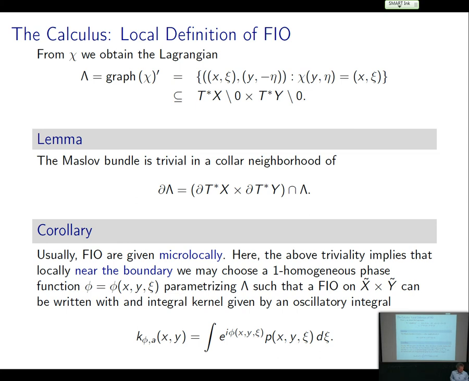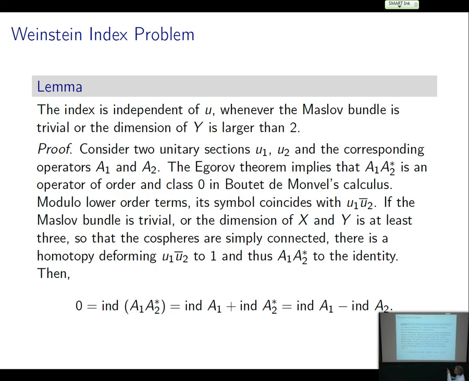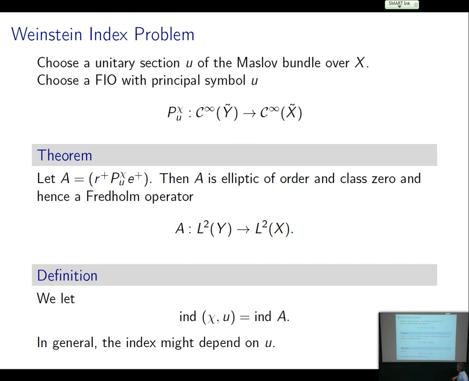Is the conclusion of the talk that the index of chi is always 0? No, it's not. We can set up this index problem, and you have two choices involved in it. One is chi, but chi is your datum.